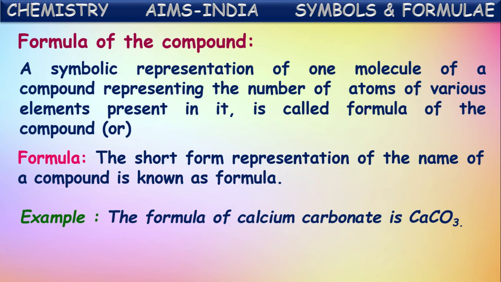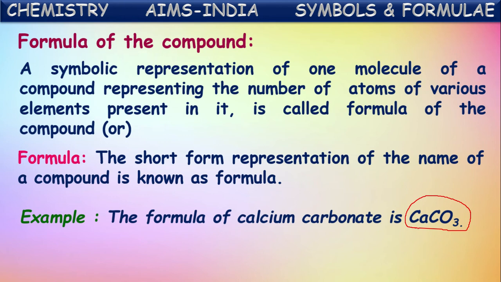For example, the chemical formula of calcium carbonate is CaCO3. So instead of writing calcium carbonate in chemical reactions, we can simply represent it with CaCO3. This also represents the same calcium carbonate.